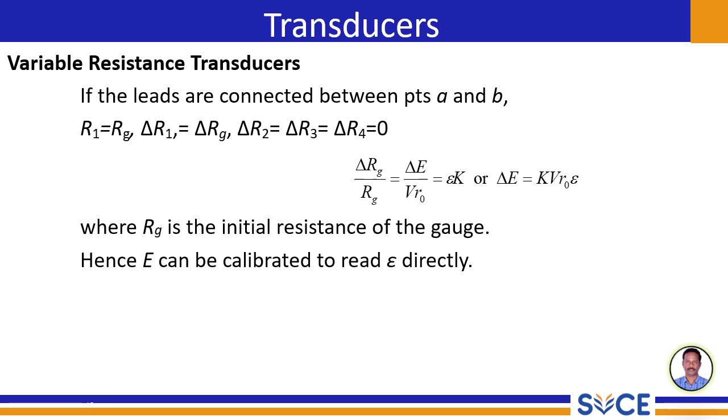If the leads are connected between points A and B, refer to our Wheatstone bridge diagram, then in this case let's assume R1 is our active strain gauge with an initial resistance Rg and a change in resistance del Rg due to applied strain, and the other changes in resistances del R2, del R3, del R4, where del denotes changes, are zero. The other three resistors in the bridge are fixed and don't change their resistance. That's why we are putting it as 0.